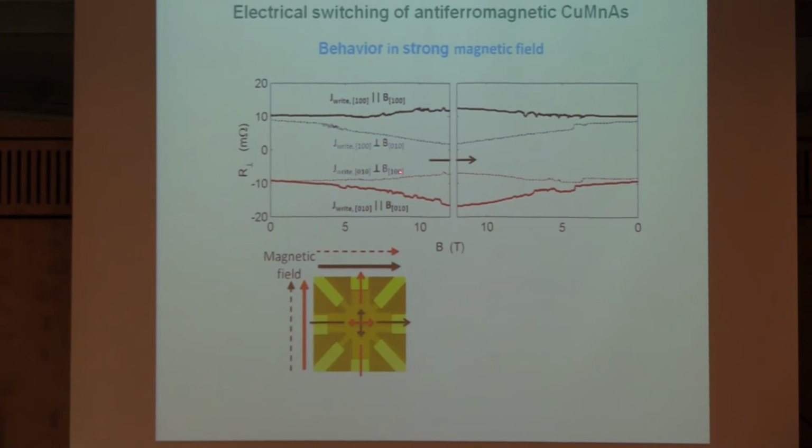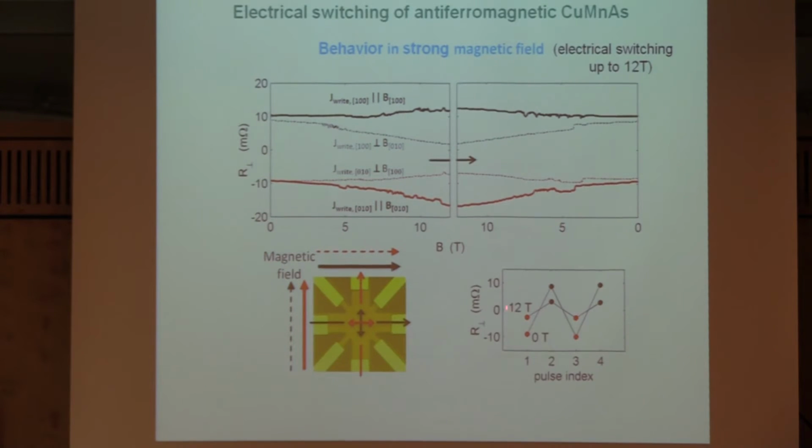But for some reason we don't understand, it's a kind of elastic process. So if you remove the magnetic field, you recover the original states. From the application point of view, this is interesting. You can apply really strong fields and you don't do anything to your magnetic states in principle. But you can even switch at a field of 12 Tesla.